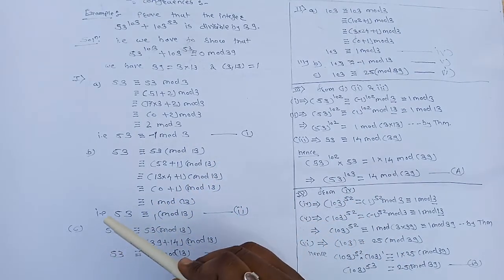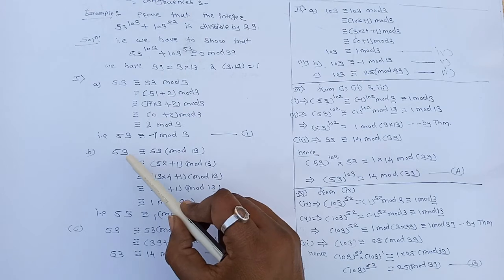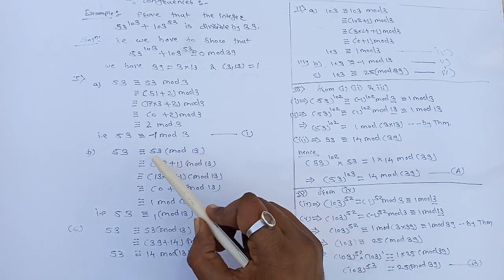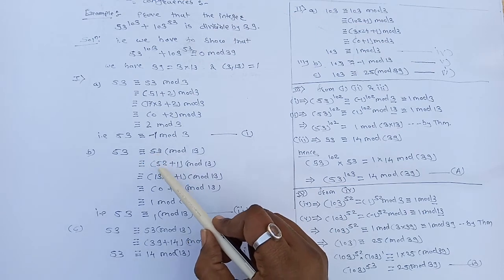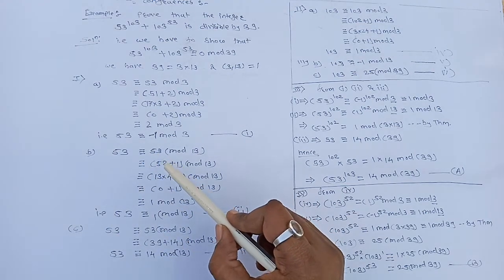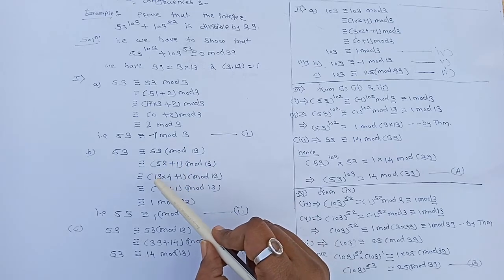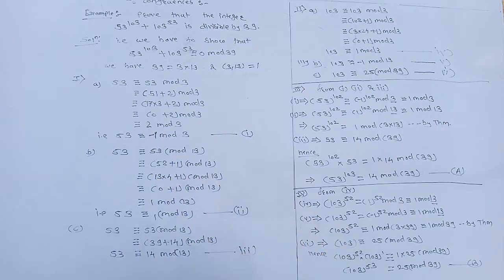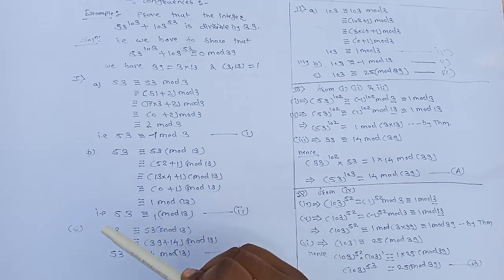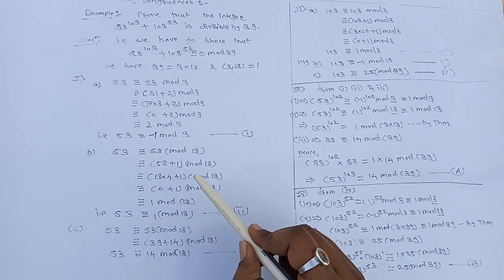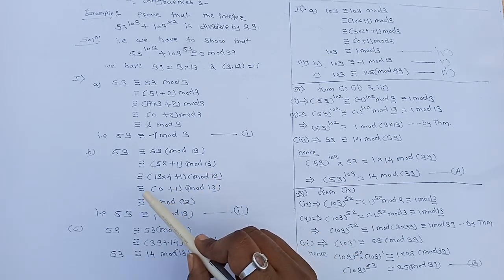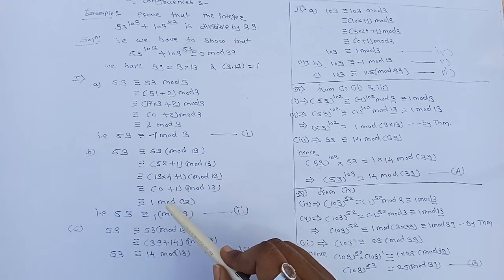Now second, 53 congruent to 53 under modulo 13. So 53 is written in this way, 52 plus 1, and 52 is written as 13 into 4, and under modulo 13 this is 0. So the remaining is 1, that is 53 congruent to 1 mod 13.